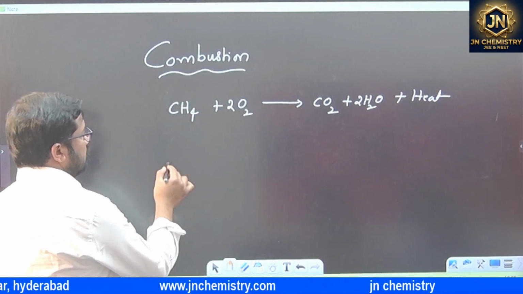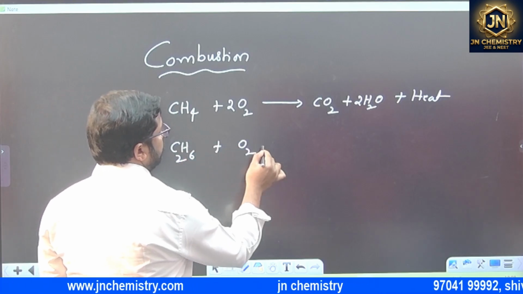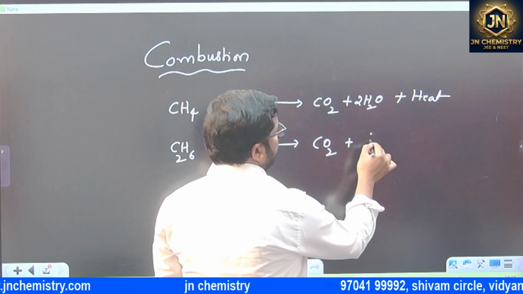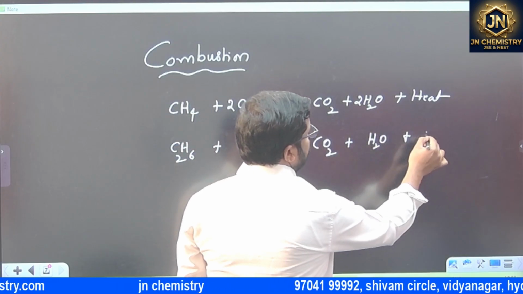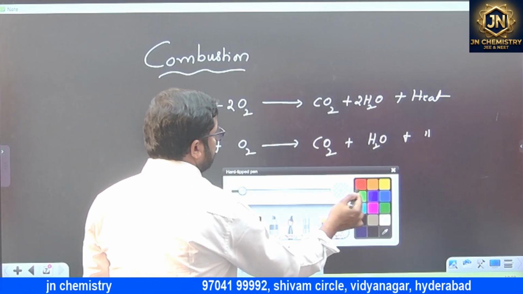Write it down. C2H6 plus O2 gives rise to CO2 plus H2O plus heat. So we can balance the equation.